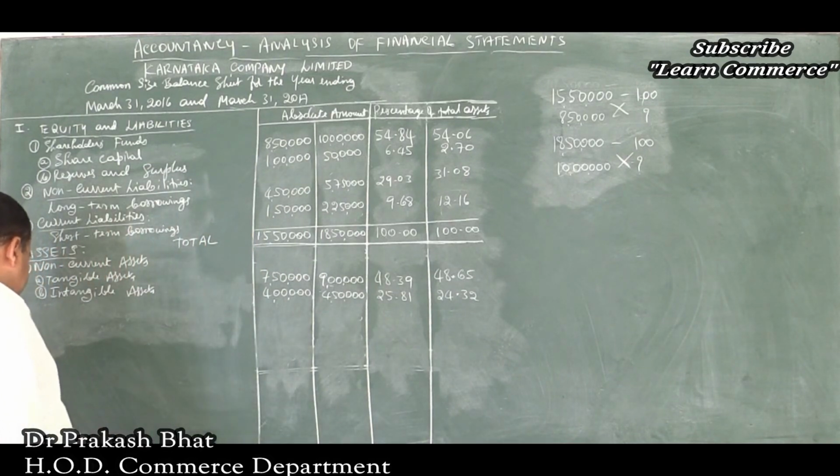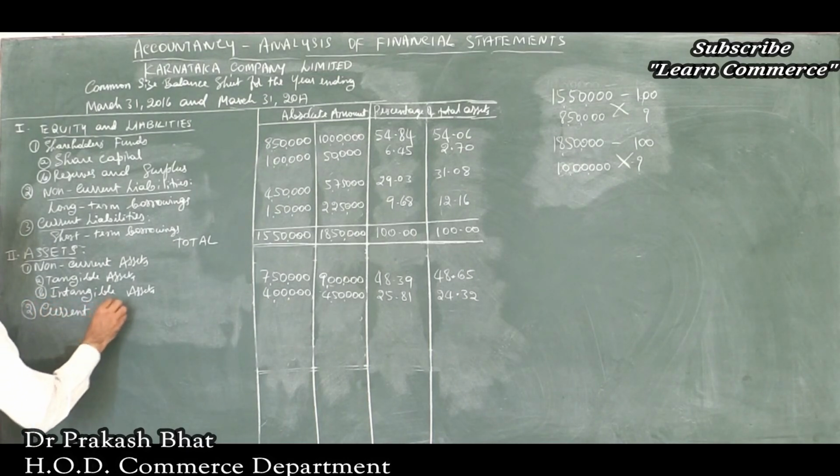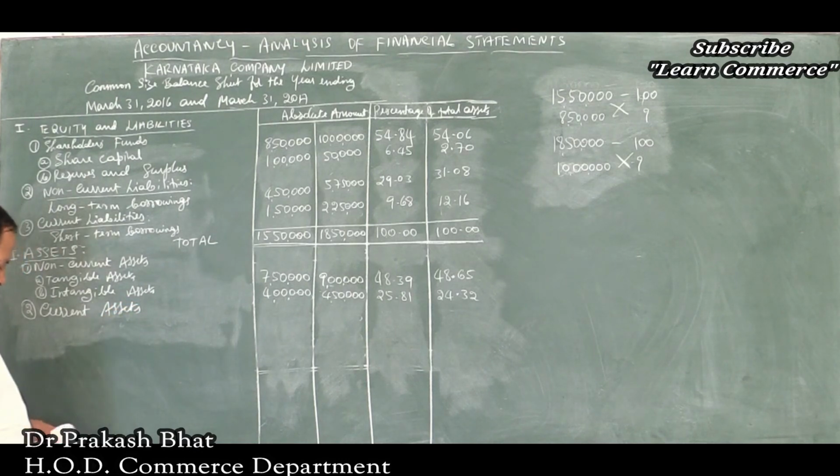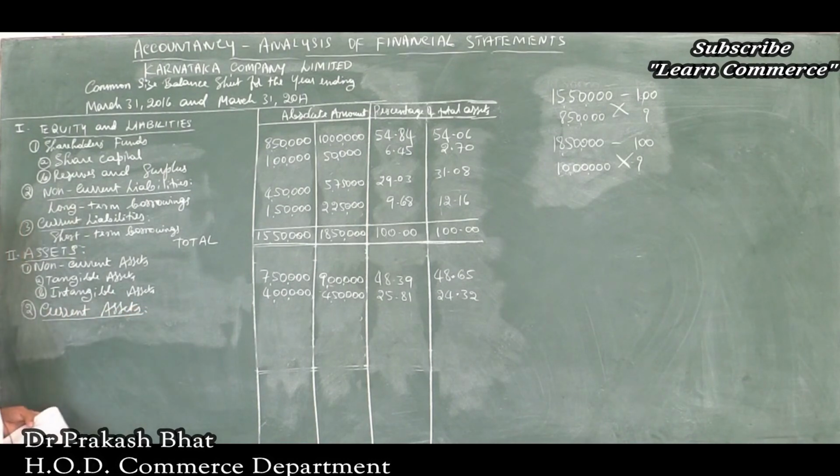Then current assets, the second one. Under that there are two items. The first one is inventories.